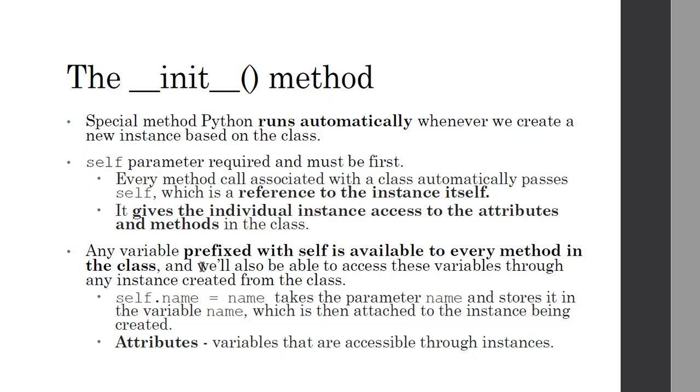Now, any variable prefixed with self is available to every method in the class. And we'll also be able to access these variables through any instance created from the class. So self.name = name takes the parameter name and stores it in the variable name, which is then attached to the instance being created. So attributes are variables that are accessible through instances.